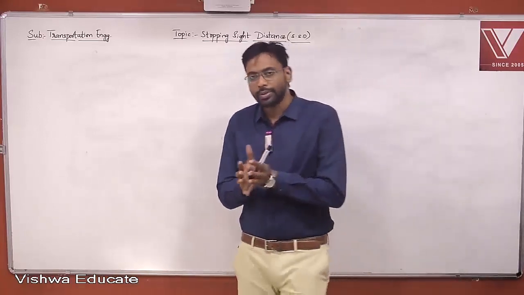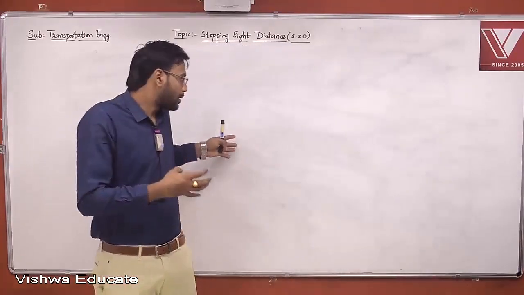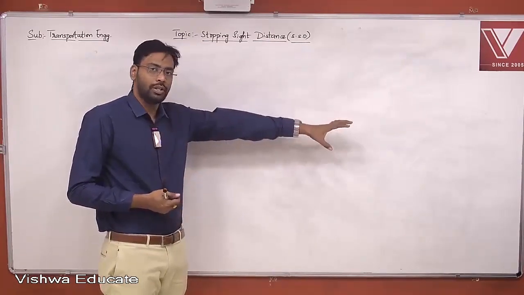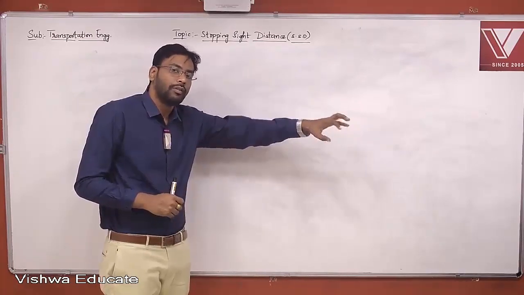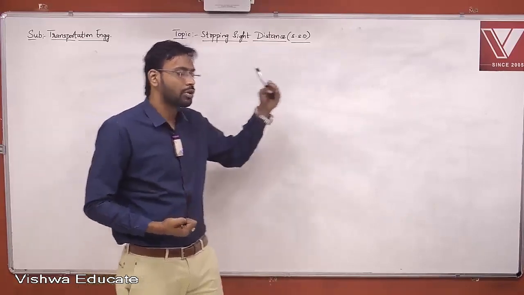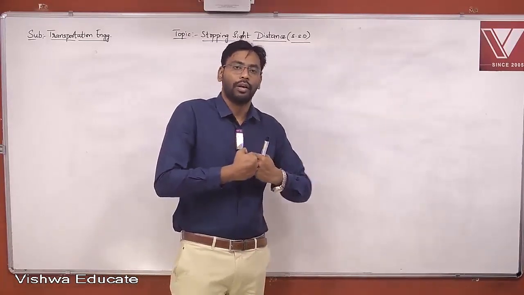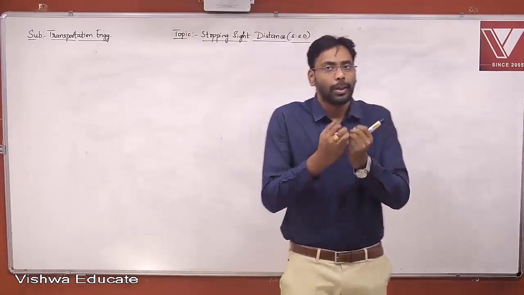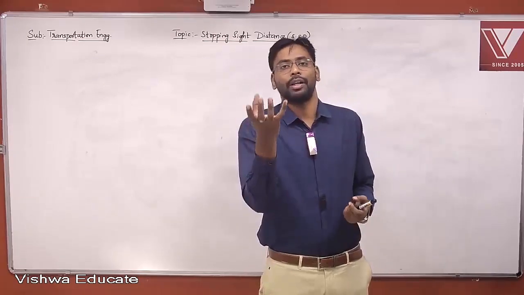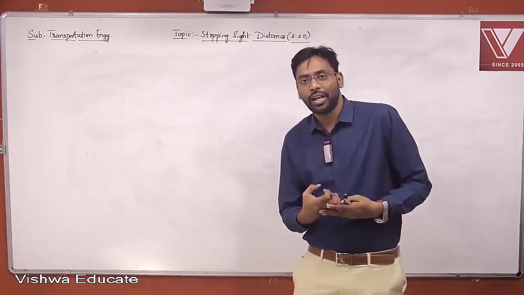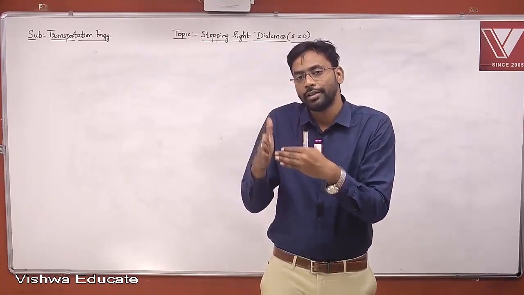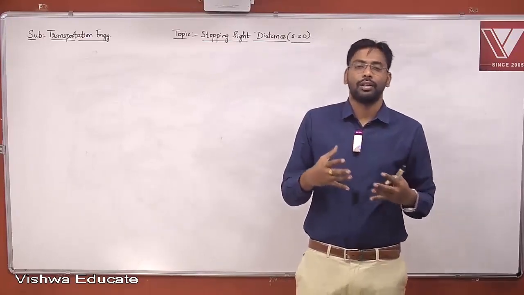So what is stopping sight distance? What is the example we have seen? First, the driver is looking at that obstruction or looking at that object. He will analyze the situation. Then he will apply the brake and he will stop his vehicle without colliding with that obstruction. So the minimum distance required for the driver to analyze a particular situation, apply the brake and stop his vehicle before hitting the obstruction is called stopping sight distance.